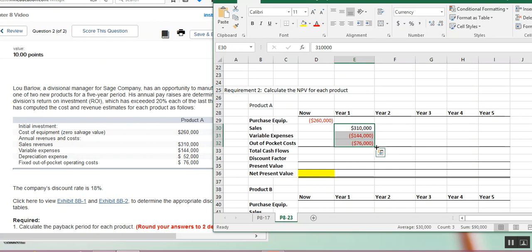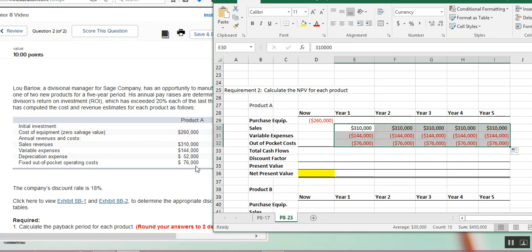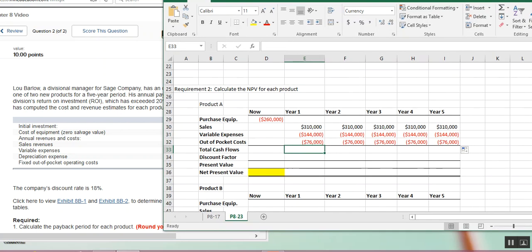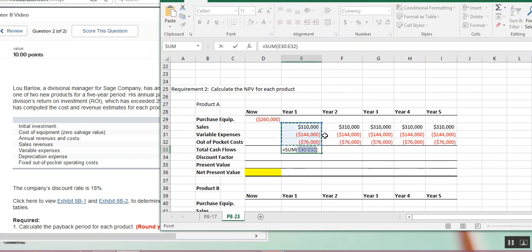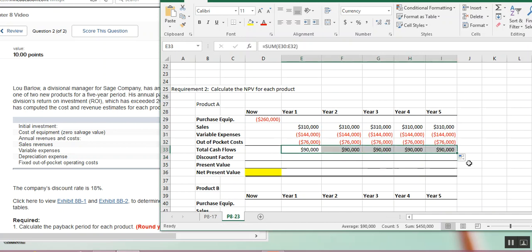And I'm actually going to copy all this over because the estimates that were given were the same. It doesn't say they're any different for years 1 through 5, so they're all the same. So you can just copy that over. So your cash flows are the sum of those columns. So we've got $90,000 a year for 5 years.